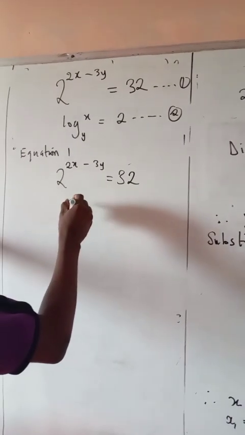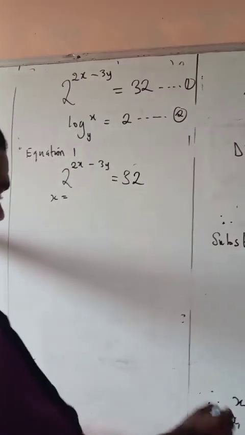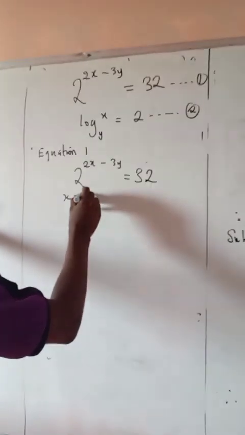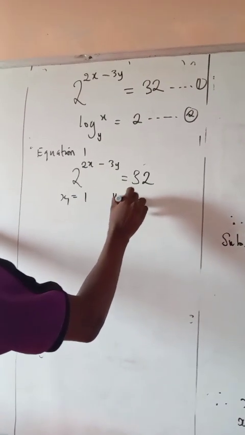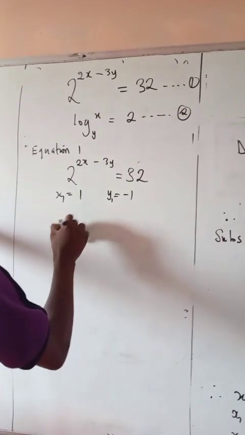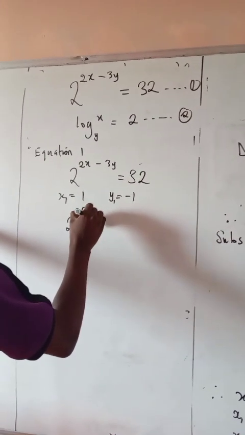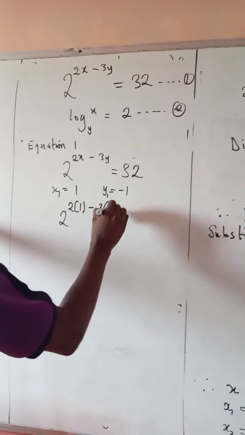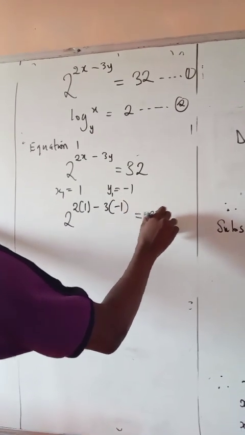So we have x, the first x1, is 1, and y1 is -1. So we have 2 to the power of 2 bracket 1 minus 3 bracket minus 1 is equal to 32.